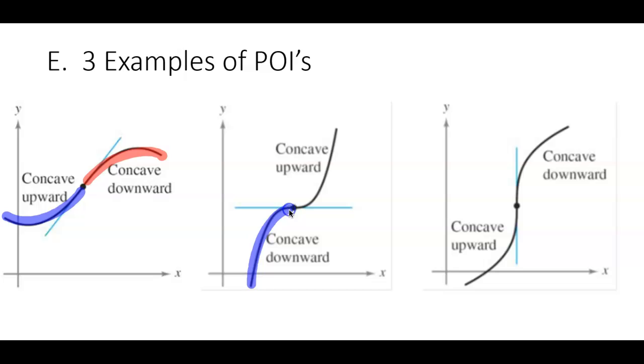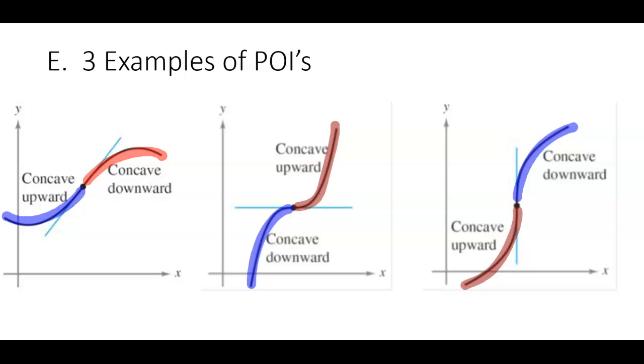Here we've got concave down, here we've got concave up, and once again, where those regions meet is the point of inflection. And then finally, we have concave down on this side, and concave up on this side, and where they meet is a point of inflection. So there we have it.